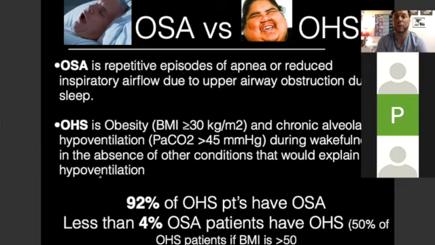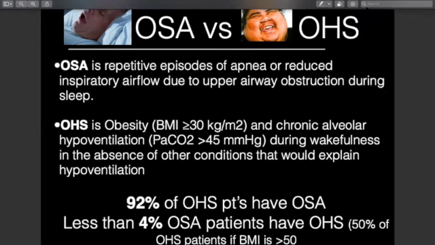So reduced airflow, hypopnea. And apnea is when you're watching in person and there is a lack of sound, a lack of air movement. That's an apnea. So obstructive sleep apnea is defined by repetitive episodes of either apneas or hypopneas.